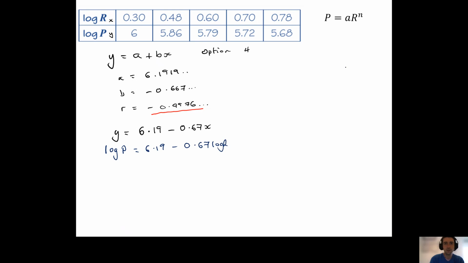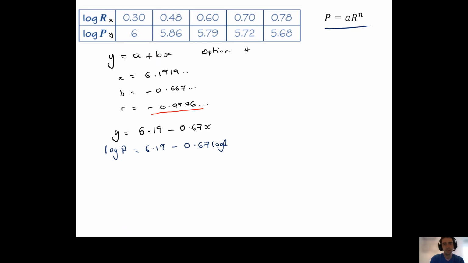And what I need to do is, from this equation here, get it into this form, p equals a r to the power of n, because if I know the value of a and the value of n, I'll be able to find the equation of the original curve on the previous Desmos version.